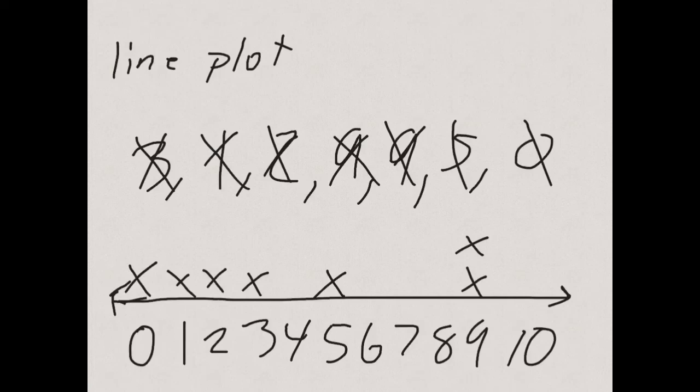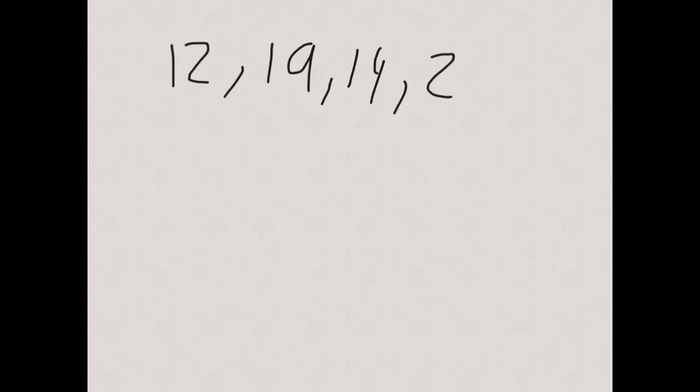Now, in a previous video, I talked about stem and leaf. Go ahead and watch that video. That'll help you review for this. But just to be sure, let me do a quick review on stem and leaf. So you have 12, 19, 14, 23, 32, 33, and 57.